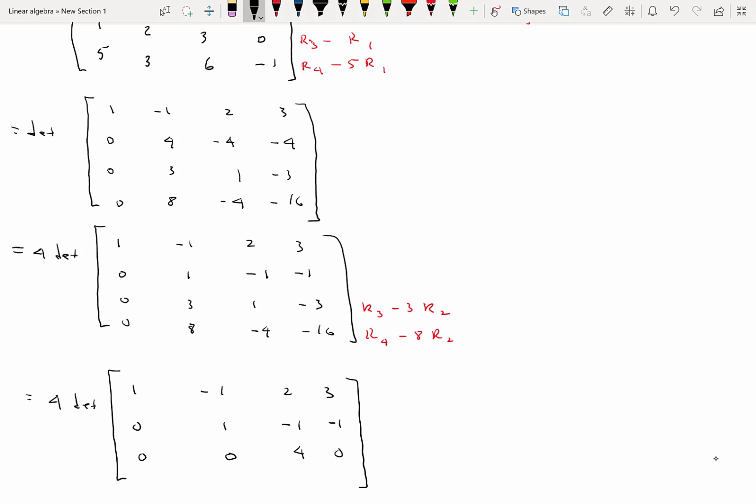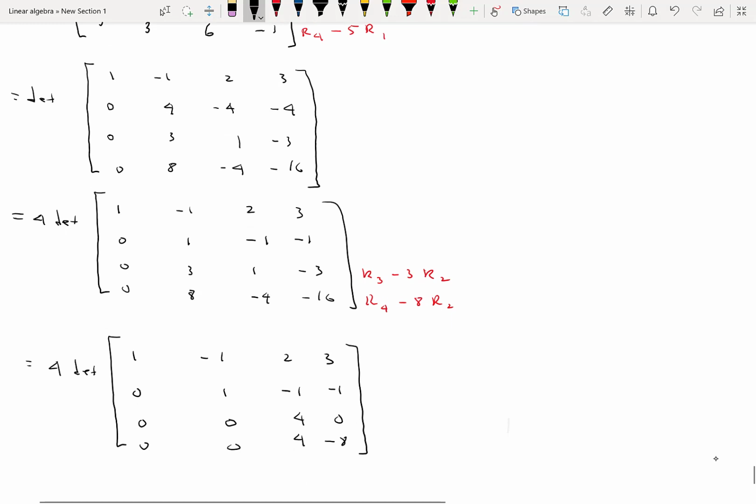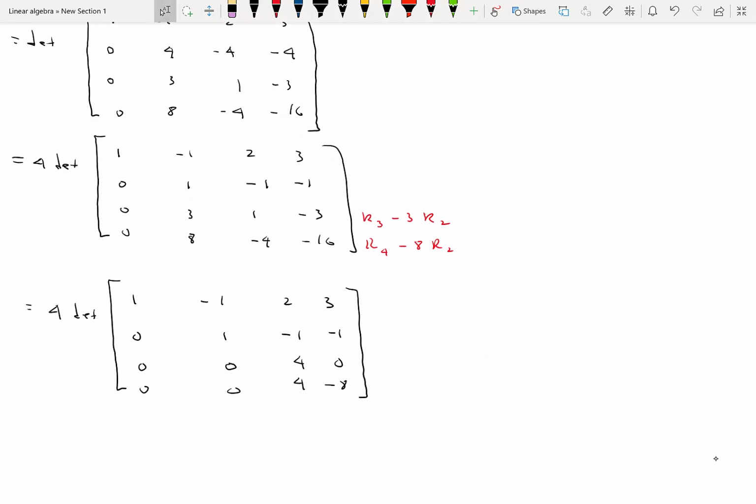Just stop the video if you want. 0, 0. What do we get? Let's see. 4 and negative 8. And we're almost there. It's almost upper triangular, if there can be such a thing as almost upper triangular.